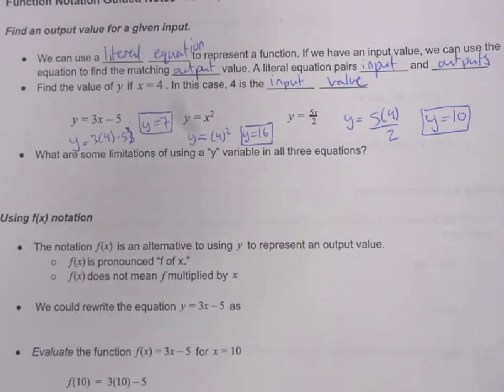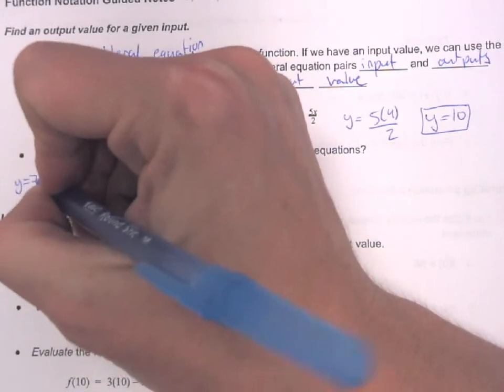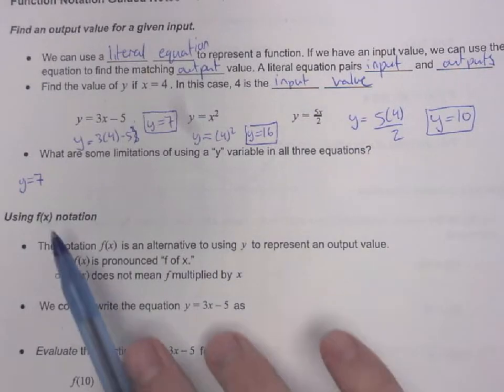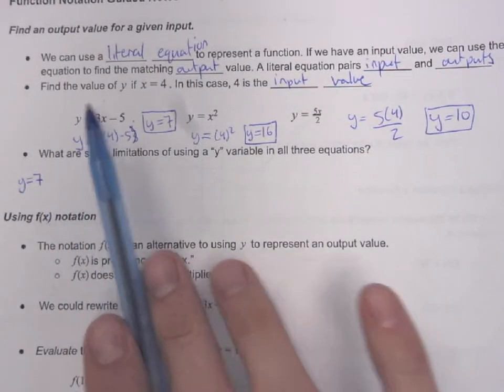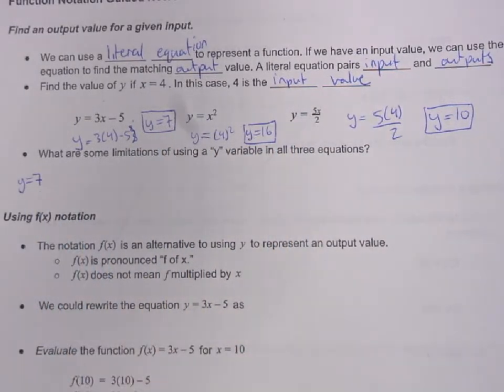Well, consider an answer. Let's take the answer y equals 7, for example. This answer is kind of meaningless unless we know where it came from. Did y equals 7 come from this one? This one? This one? It's hard to tell just by looking at an answer.